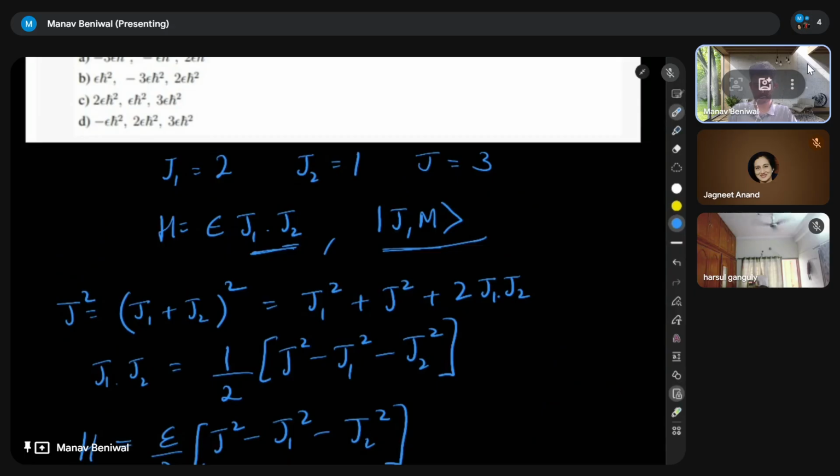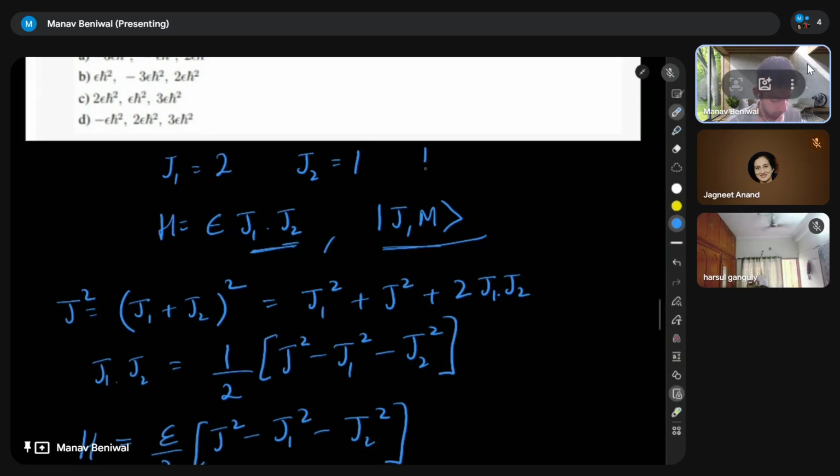When we add these, we use the triangle inequality: mod j1 minus j2 less than or equal to j less than or equal to j1 plus j2. This implies that j will have three values: 1, 2, 3.